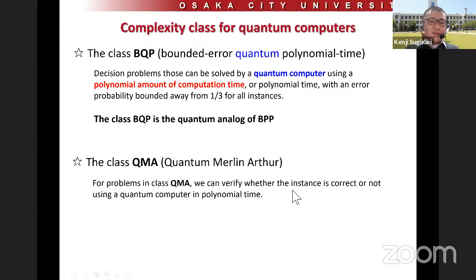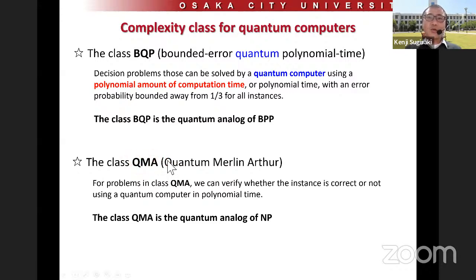So this class QMA is the quantum analog of NP. Next, I would like to think about what kind of problem is included in QMA.